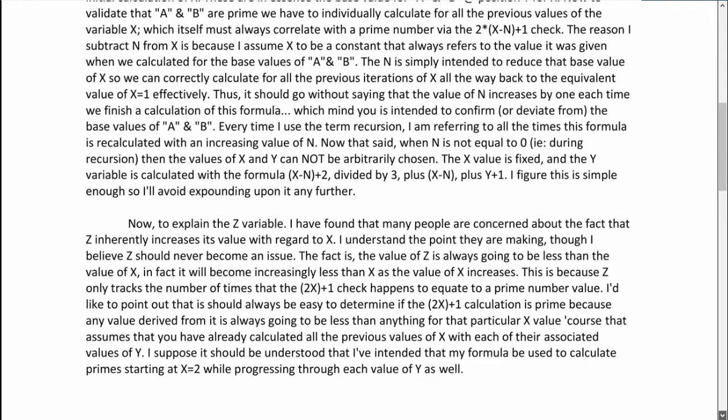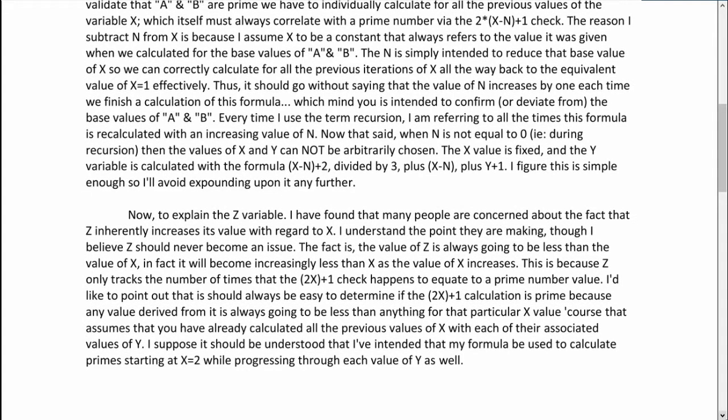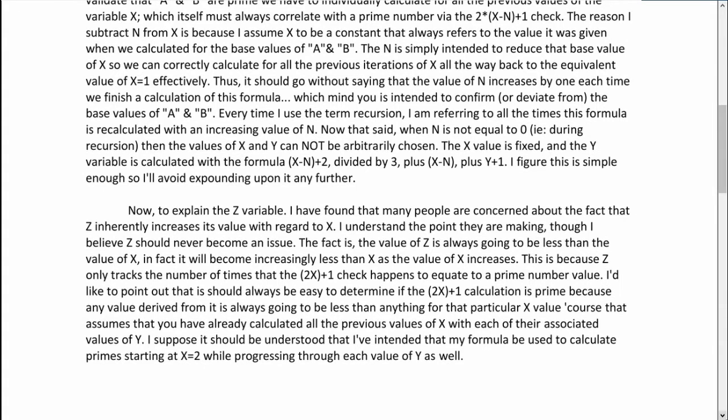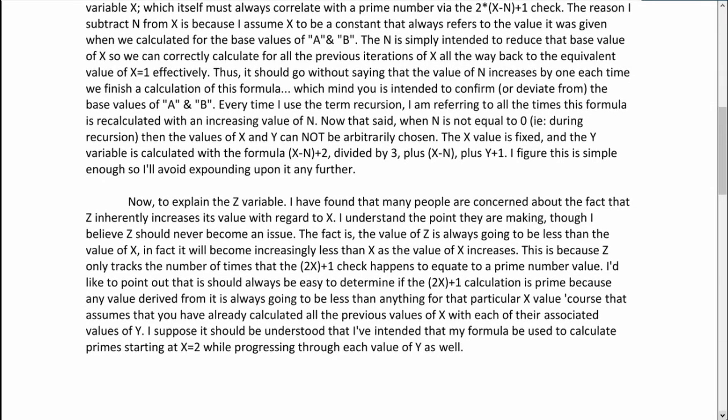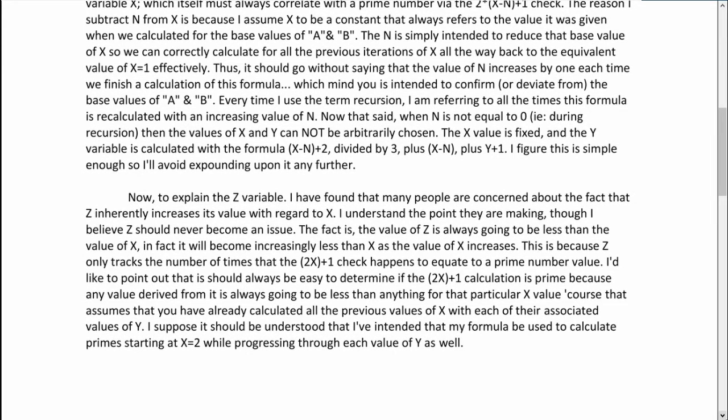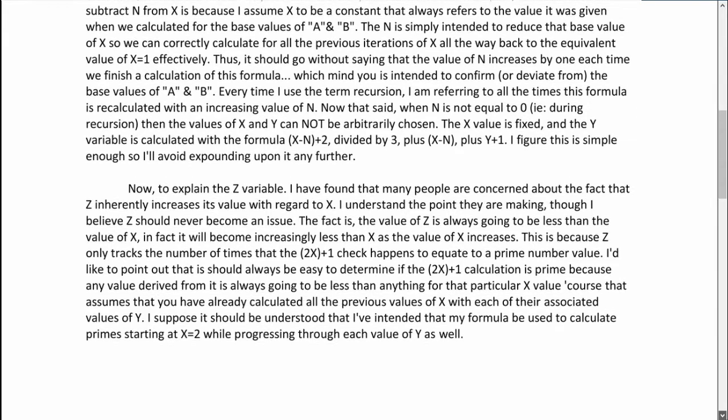Thus, it should go without saying that the value of n increases by 1 each time we finish a calculation of this formula, which, mind you, is intended to confirm or deviate from the base values of a and b. Every time I use the term recursion, I am referring to all the times this formula is recalculated with an increasing value of x.